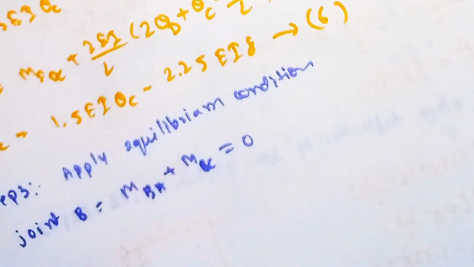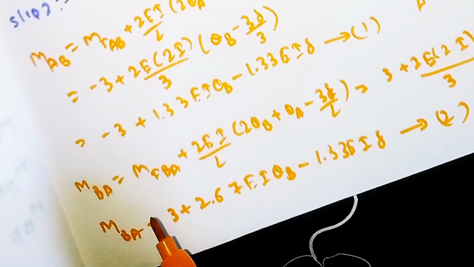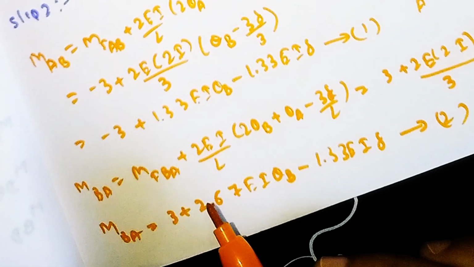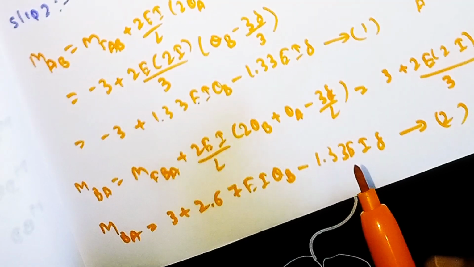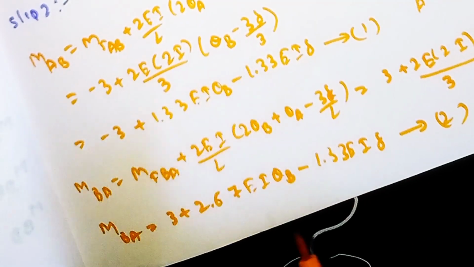Our MBA value we got was MBA is equal to 3 plus 2.67 EI theta B minus 1.33 EI delta. Substitute this value in that equation.